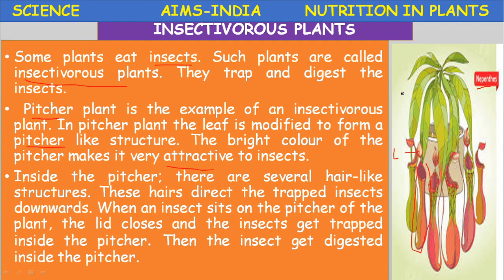It is an adaptation. Because a plant not only needs carbohydrates, it also needs proteins. These insectivorous plants grow in nitrogen deficient soils. That's the reason why they adopt this method of feeding on insects.